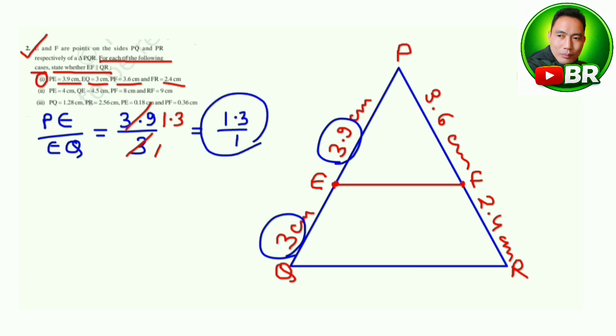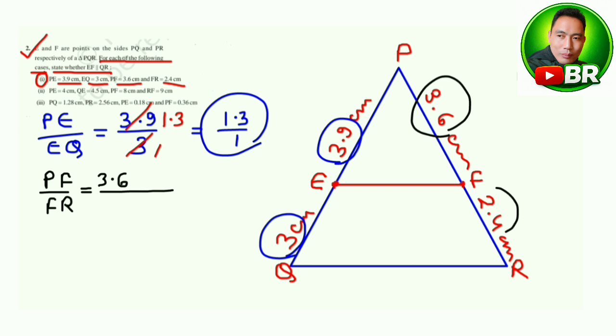Now let's find the ratio of side PR and we can write PF by FR, and PF is equal to 3.6 centimeter by FR is 2.4 centimeter.